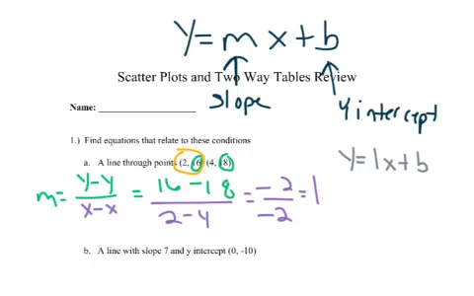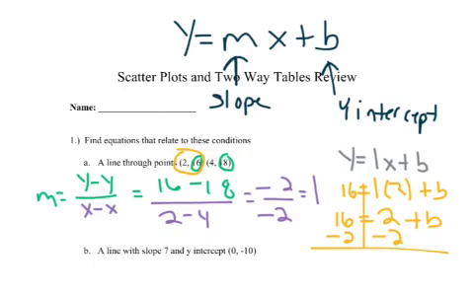So instead of y, my y value was 16. Instead of x, my x value was 2, plus b. Now we're going to use algebra. 1 times 2 was 2, so I'm left with 16 equals 2 plus b. And to get b by itself, the opposite of a positive 2, you are subtracting 2. 16 minus 2 is 14. So 14 is b and 14 is your y-intercept.